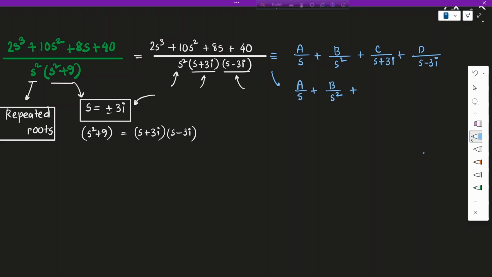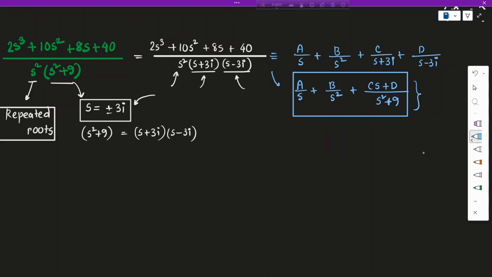This is also a very popular method. This is not something new that I'm inventing, but it's just a method that is more underrated than the traditional one. So we would write the problem like this in the old way, the way that I learned when I was in school: A over s, B over s squared, and Cs plus D divided by s squared plus 9.